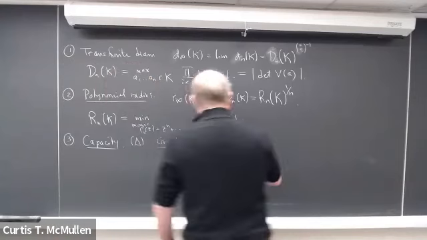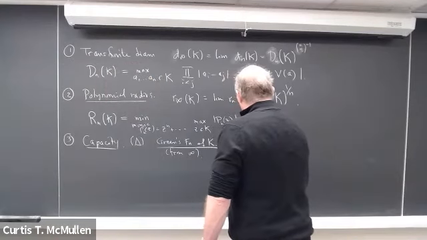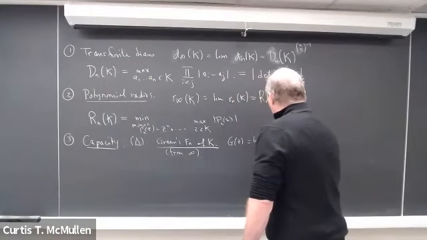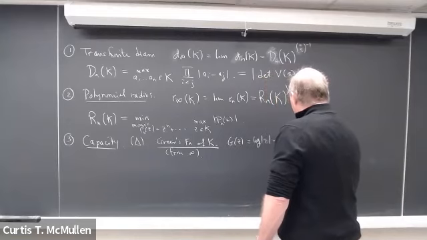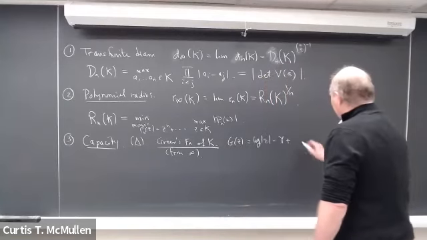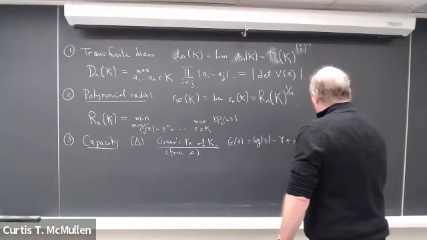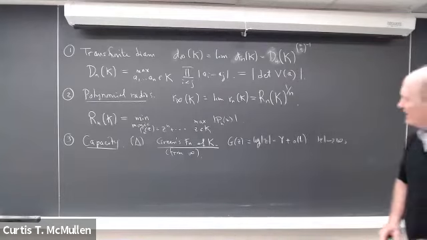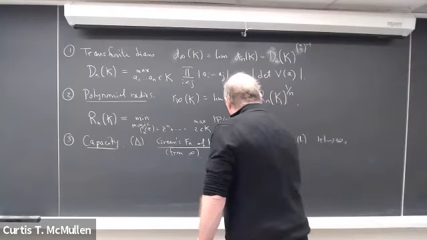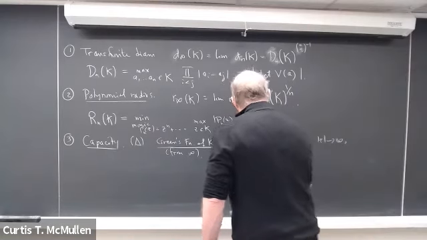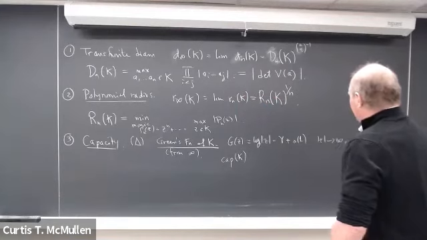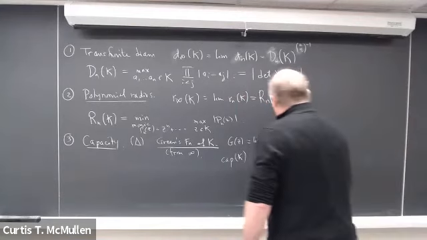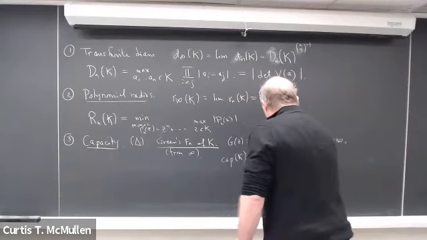And then this function turns out to look like g of z is log the absolute value of z minus a certain constant gamma plus something that tends to 0 as the absolute value of z goes to infinity. And then the capacity of k will be defined as e to the gamma.